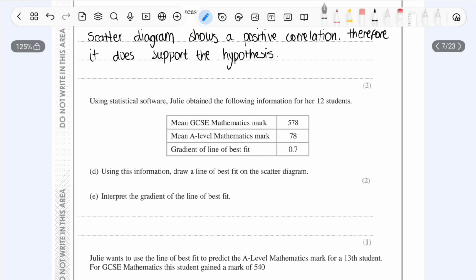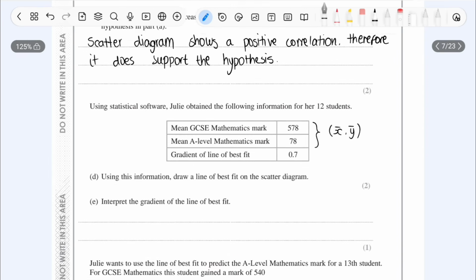Using statistical software, Julie obtained the following information on her 12 students. The mean mark for the GCSE and A-levels are shown here, and the gradient of the line of best fit. What these give us is the double mean point, which is shown with x bar, y bar. It's just the average of all the x values and the average of all the y values.